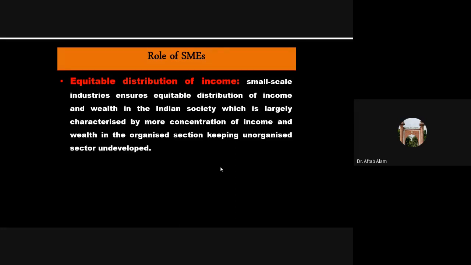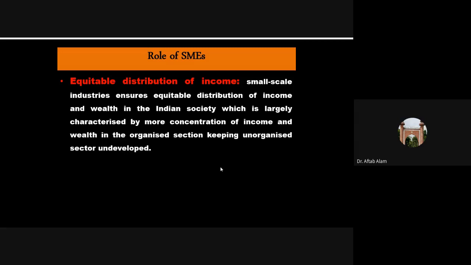Indian society, it is written, but it is common for all the countries, because these small, medium enterprises generate a lot of employment. And when it is generating employment, it is paying money to each and everyone who is participating in the employment generation process. And mostly this sector is in the unorganized sector.